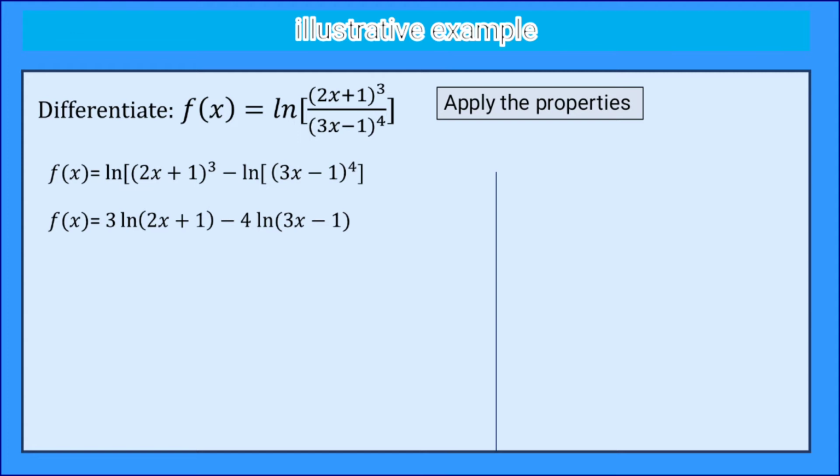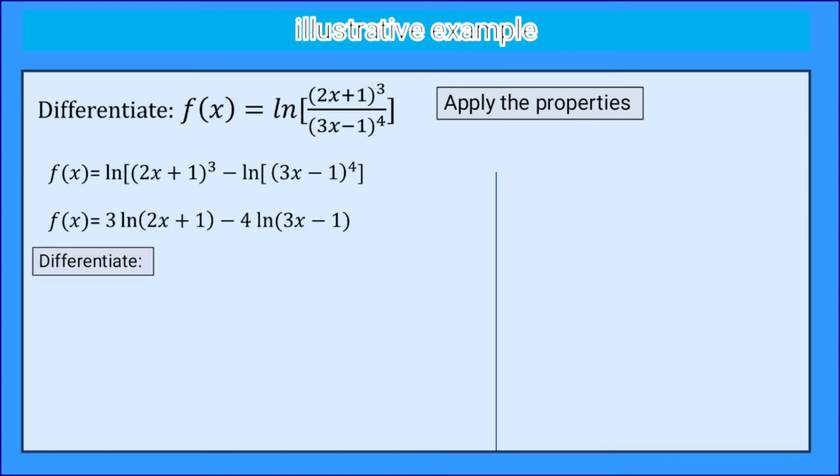It will look like f of x is equal to 3 ln of 2x plus 1 minus 4. Okay, our 4 here came from the exponent 4 in our previous equation. Times ln of 3x minus 1. And we are going to begin differentiating this equation.